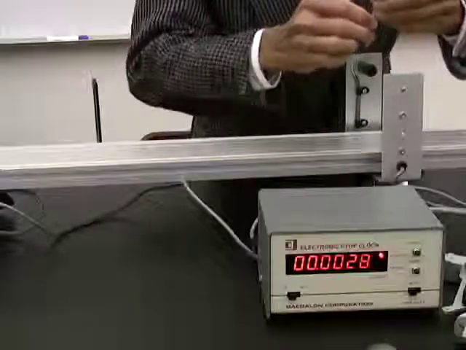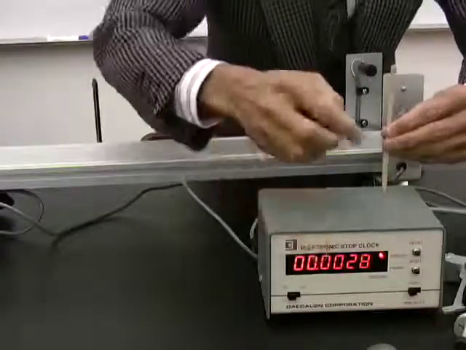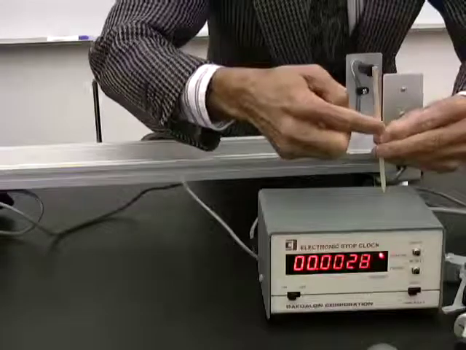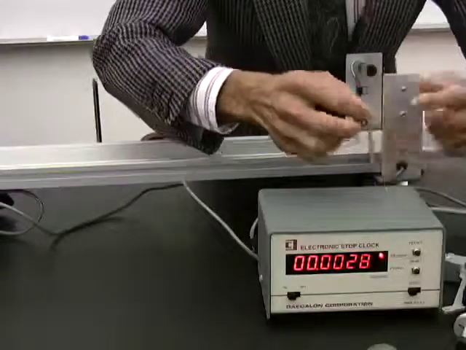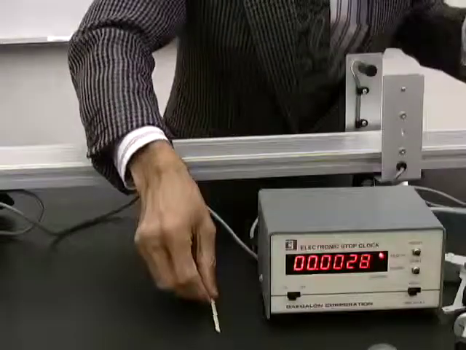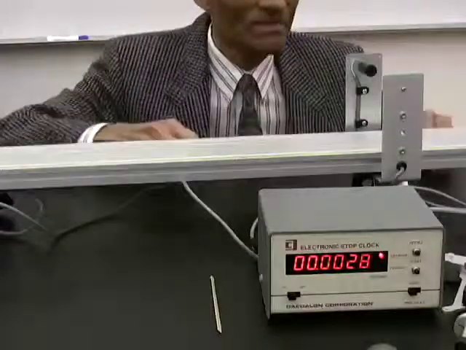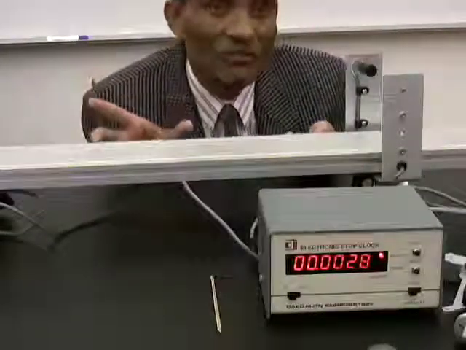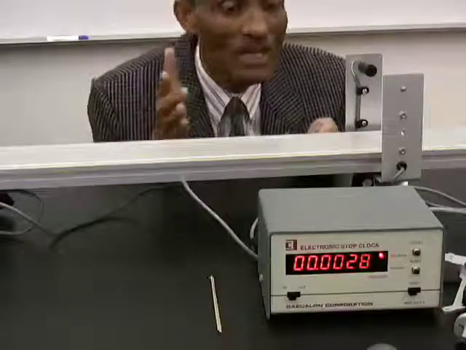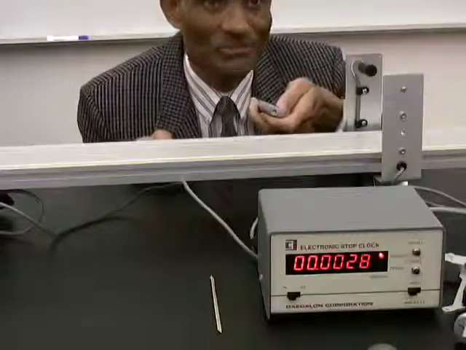If you divide the width of this splinter by this time, it will give you the average velocity during that very small interval, which is very close to the instantaneous velocity. Is that right? I hope you got some understanding of what is the average velocity and when the average velocity becomes the instantaneous velocity. All right?